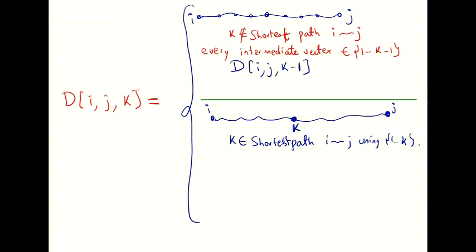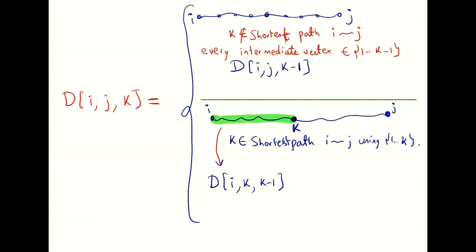Okay? All right. So if k is part of this shortest path, if I look at the first section of the path, what can I say about that? That is clearly the shortest path from i to k. And it only uses vertices from 1 through k minus 1 as the intermediaries.